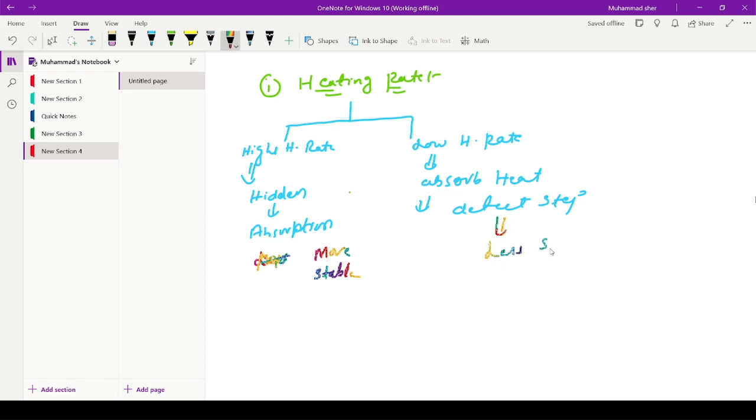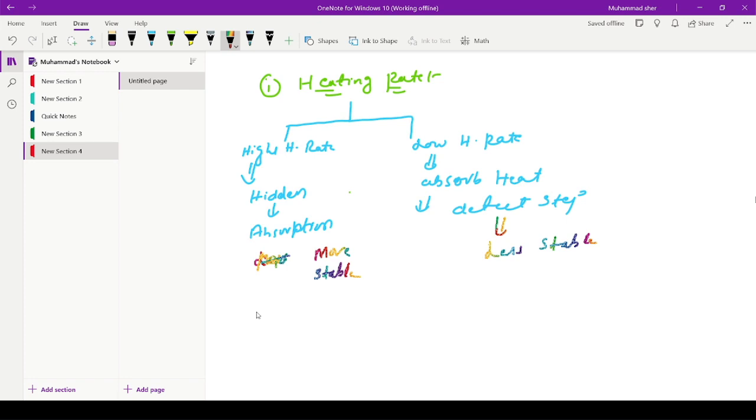This is because at low heating rate, as I already mentioned, the substance will have maximum time to absorb, and there will be proper absorption of the heat, and therefore the substance will be degraded properly. But at high heating rate this will not occur, and the substance will not have enough time for the absorption of heat, and therefore it may not be degraded properly.